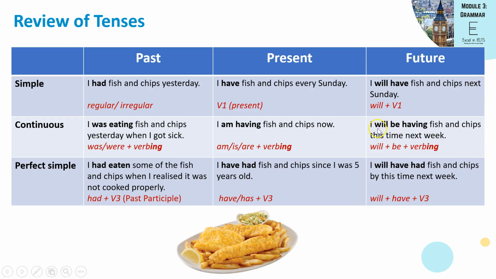So in this case, I will be having fish and chips this time next week. And the future perfect simple is when you want to say what you would have done at a certain time in the future. So I will have had fish and chips by this time next week. So for a mixed tense exercise, go to page 24.